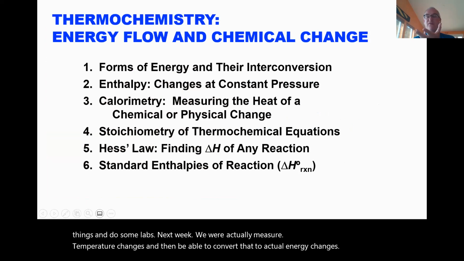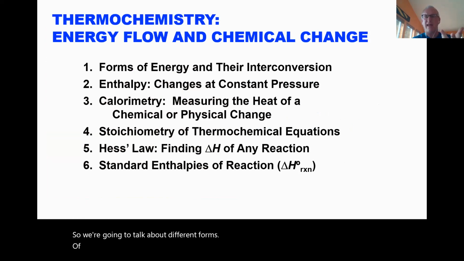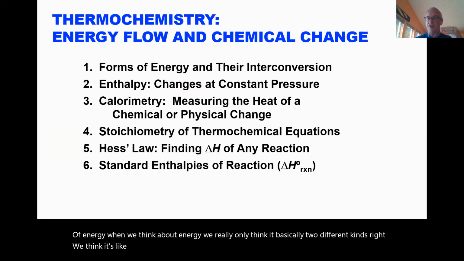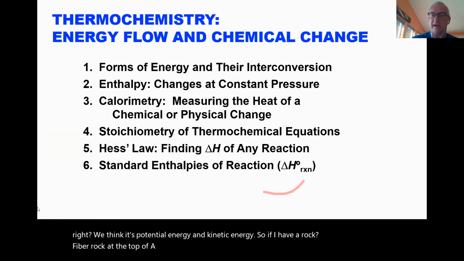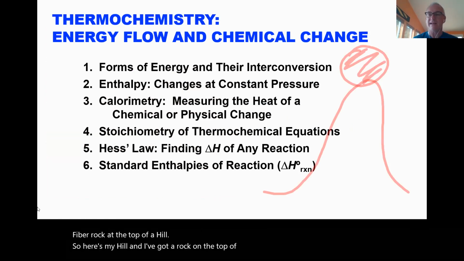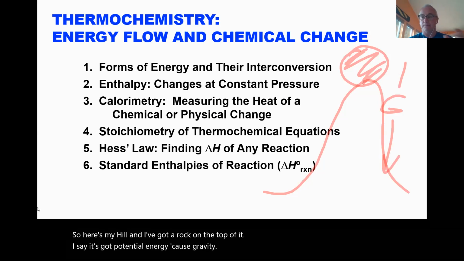So we're going to talk about different forms of energy. When we think about energy, we really only think of basically two different kinds, right? We think of potential energy and kinetic energy. So if I have a rock at the top of a hill, here's my hill, I've got a rock on the top of it. I say it's got potential energy because gravity is pushing down on it.